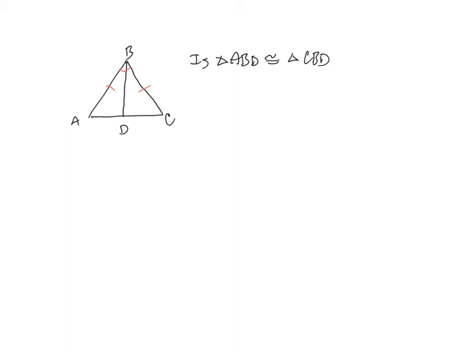So right now I know that AB is congruent to BC, and I know that angle ABD is congruent to angle CBD. So here's our side, and here's an angle, and then I need another side, but it has to be this one in the middle. It has to be BD.